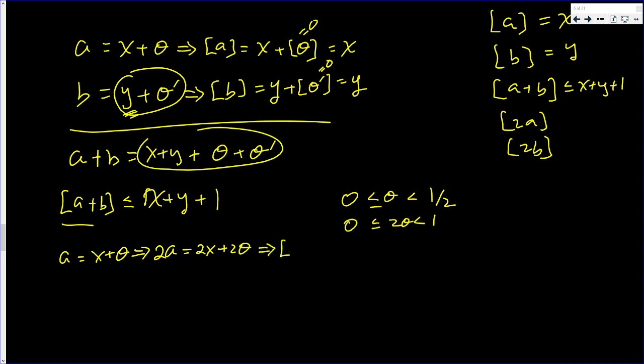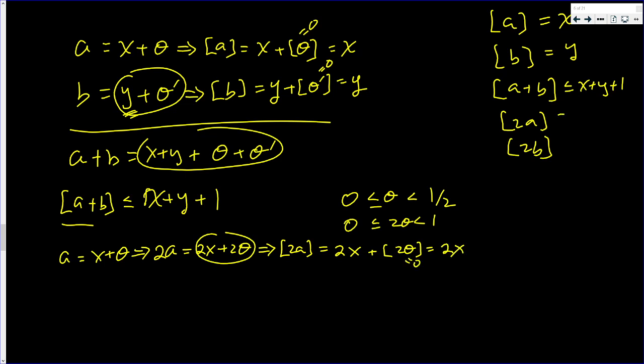So this implies the greatest integer of 2a is the greatest integer of that side, which is 2x, an integer, plus the greatest integer of 2 theta, but that's 0.